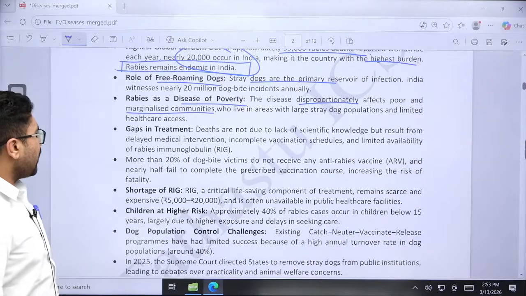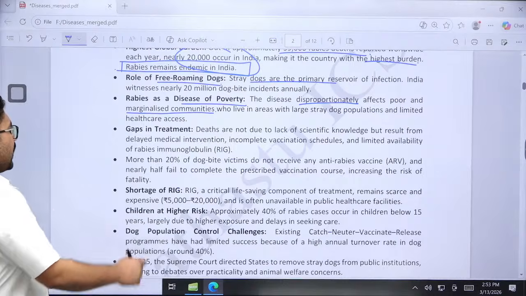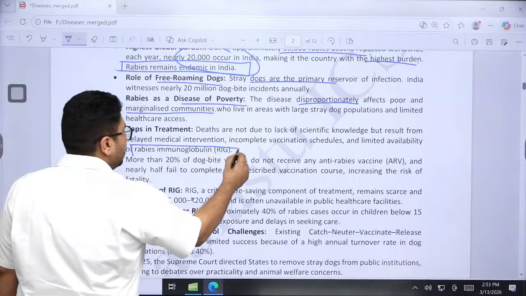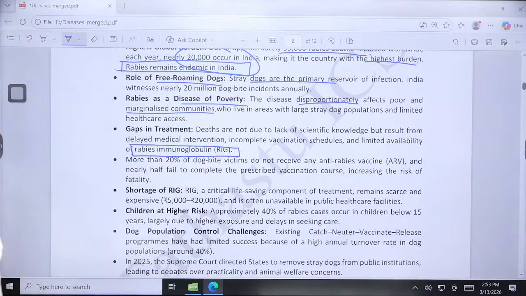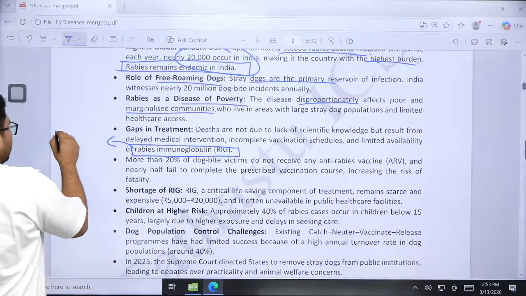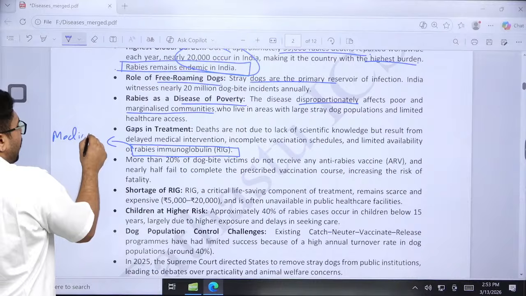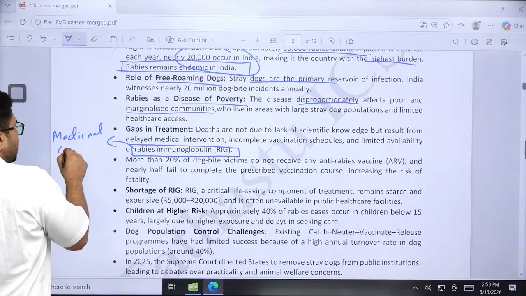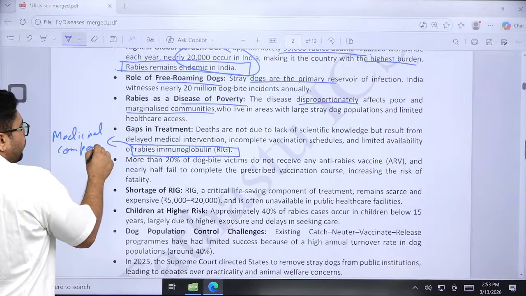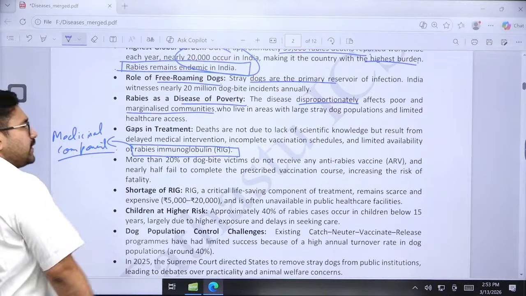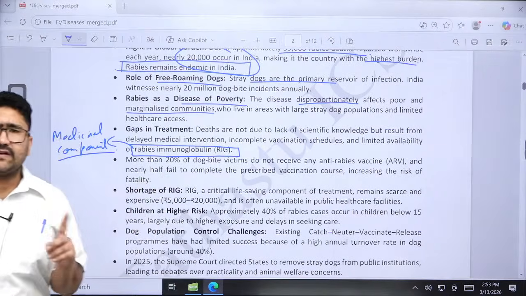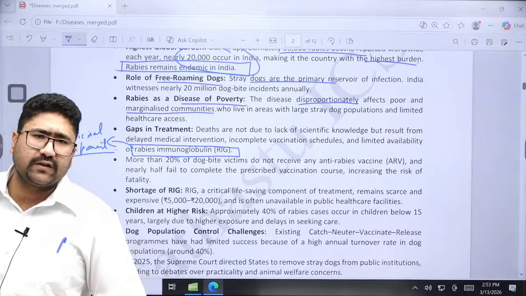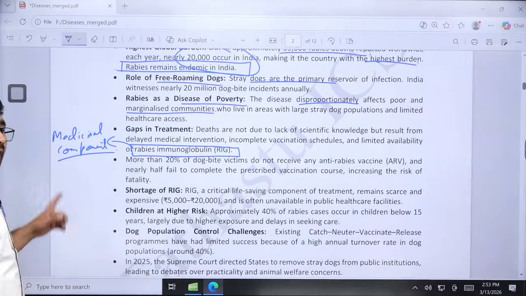Now the problem is that there is one component, rabies immunoglobulin. This is one of the medicinal components used to treat rabies.